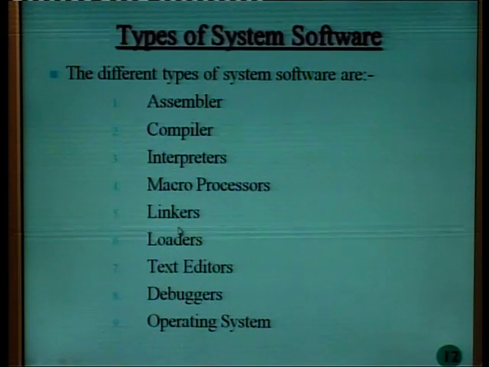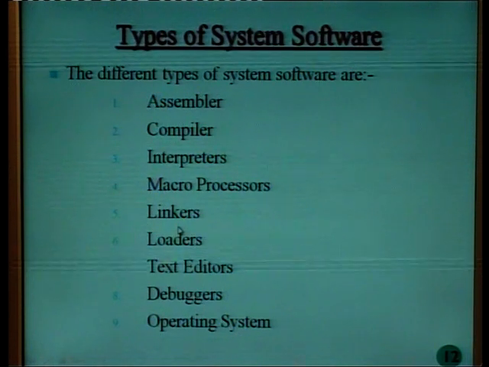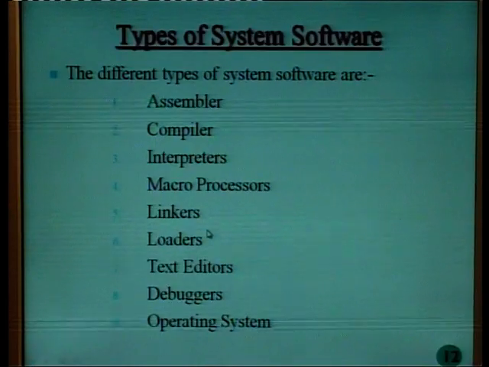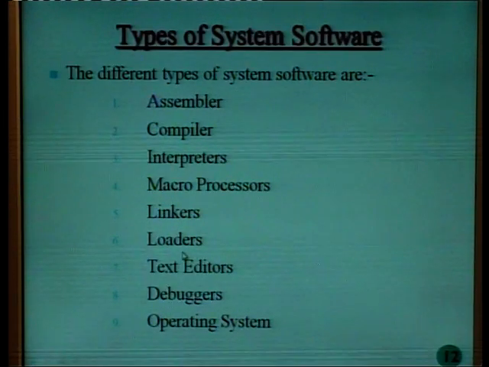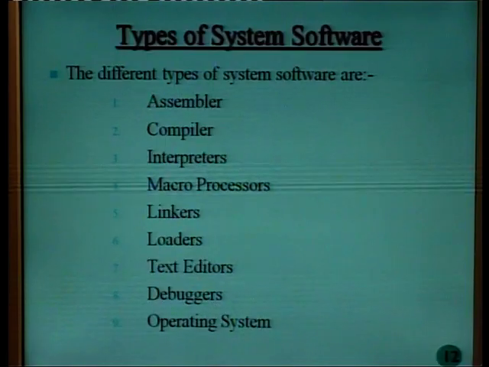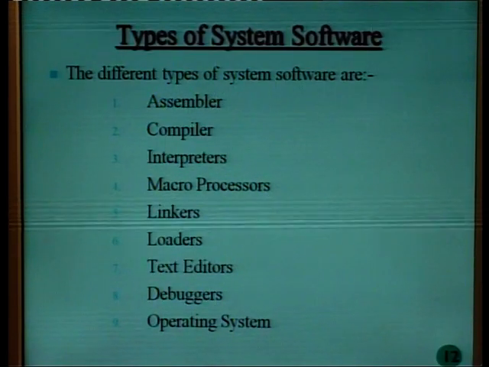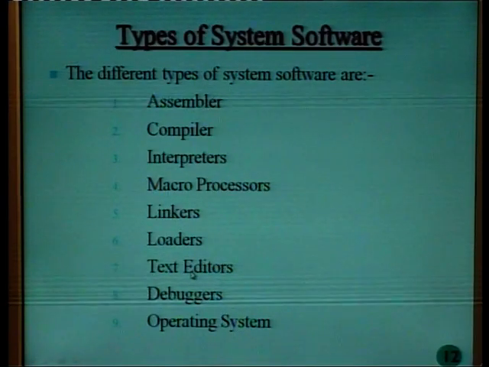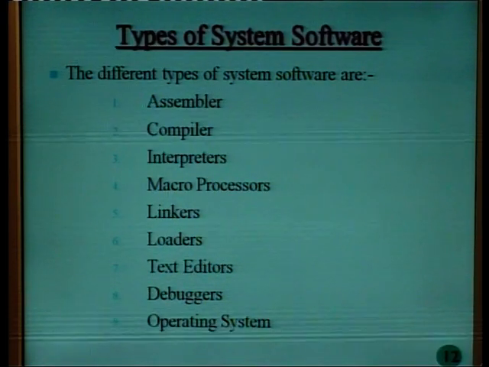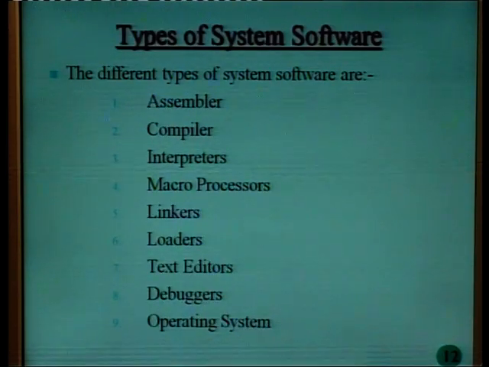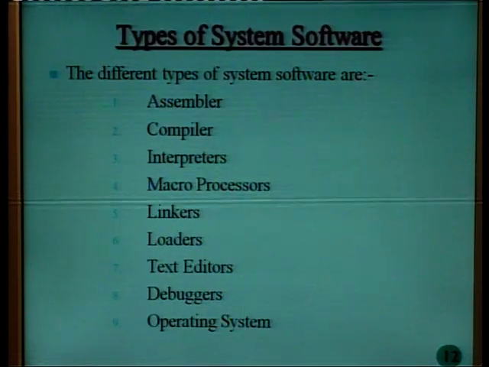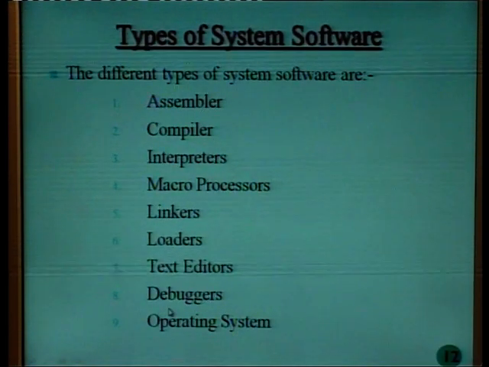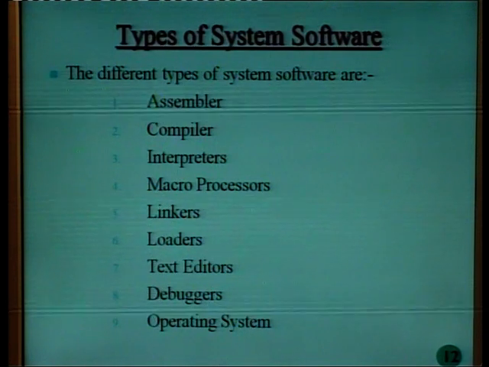Next is the linker that will link different object modules and make a single executable file. Next is the loader that will load the program into the main memory and prepare it for execution. Next we have text editors that help to edit, modify or add anything in the program. Next is the debugger that helps to find the bugs in the program.